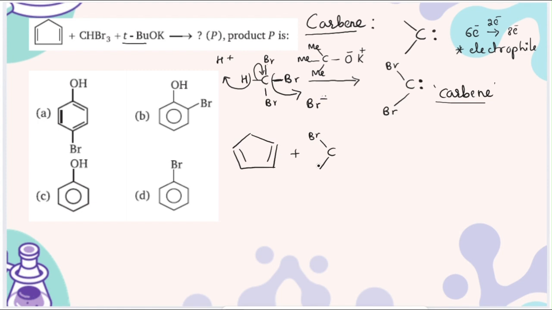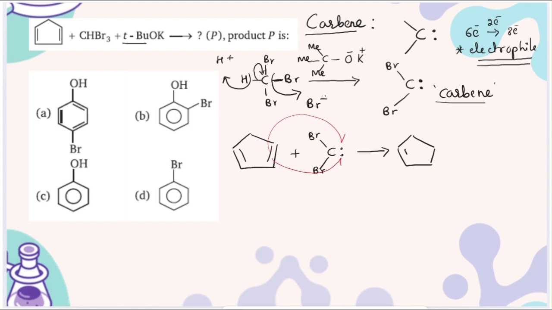Although carbene looks like it is having 2 excess electrons, it is not. It is deficient by 2 electrons, as I told earlier. So what it does is it will add to the double bond. It acts as a kind of double radical, and it's going to get added to the double bond like this. This is also called an insertion reaction, because it's going to get inserted in the double bond.